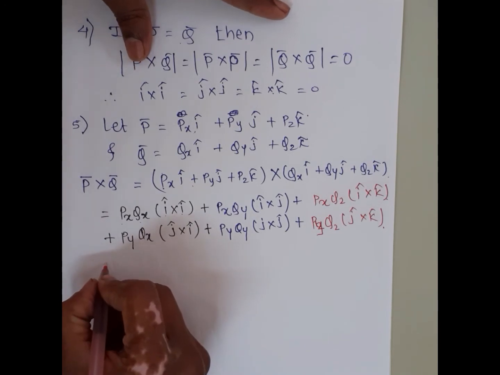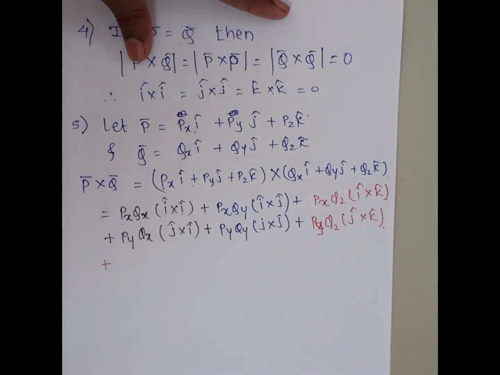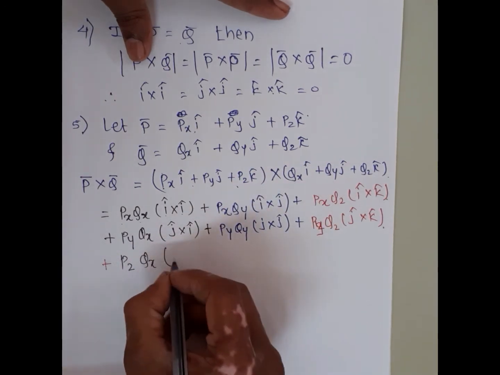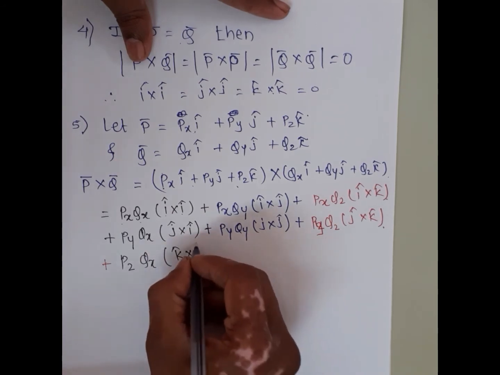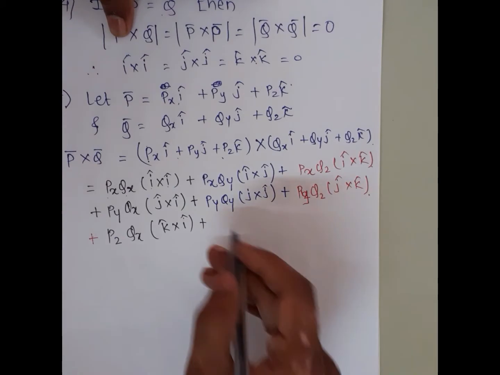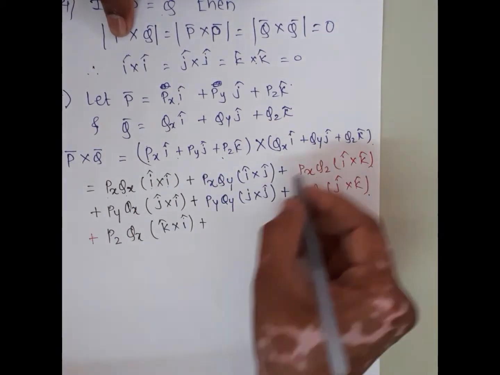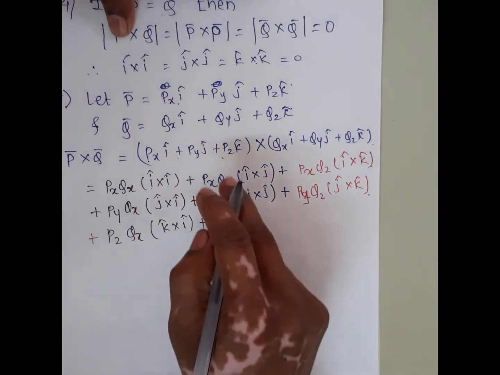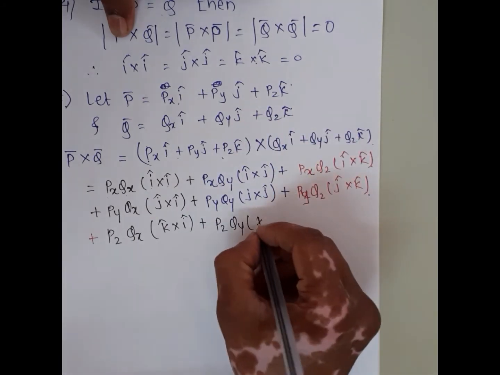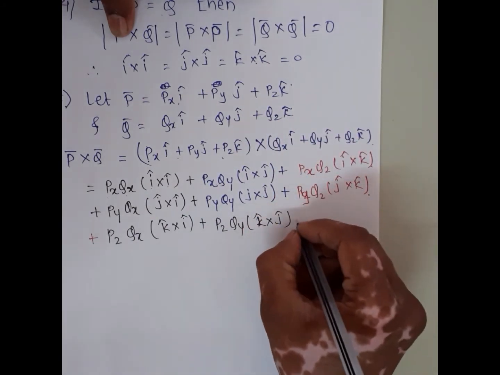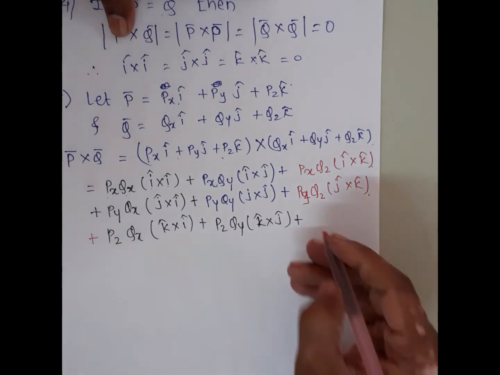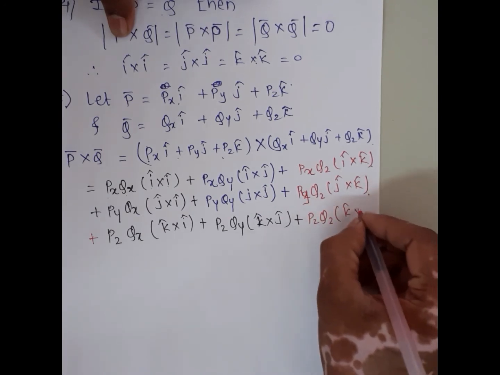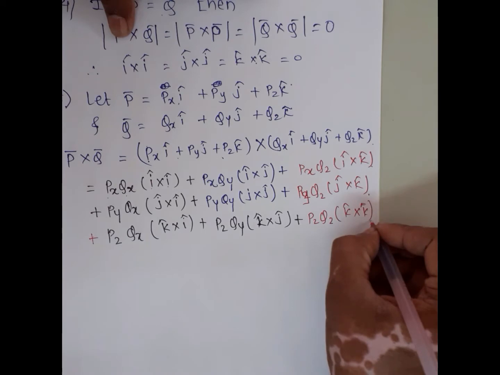So plus, the last term is remaining, right? PzQx, K cap cross I cap, plus PzQy, K cap cross J cap, plus PzQz, K cap cross K cap.